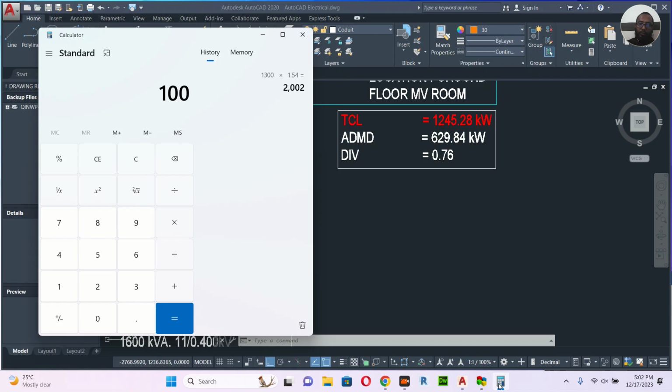What will happen if I divide by 0.7? 142.8 something coming. So 100 multiplied by 0.3 is 30. I thought if I divided by 0.7, it would come 130.